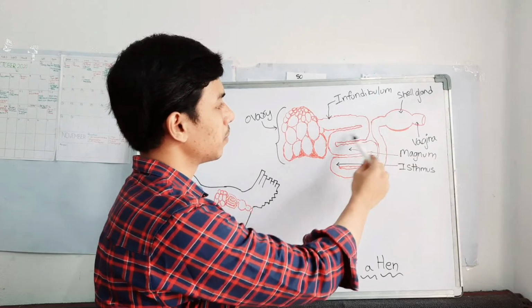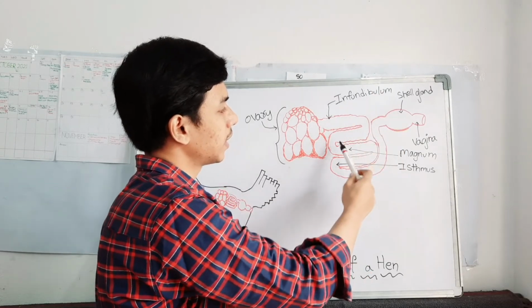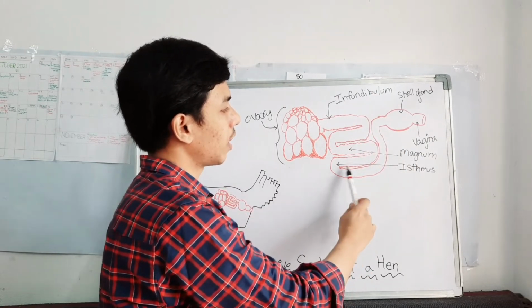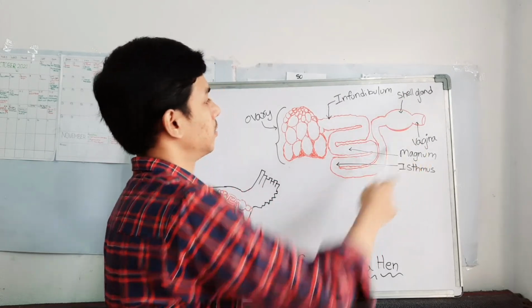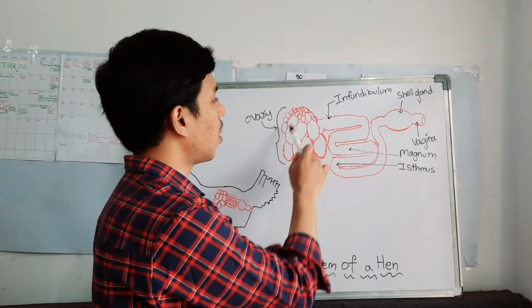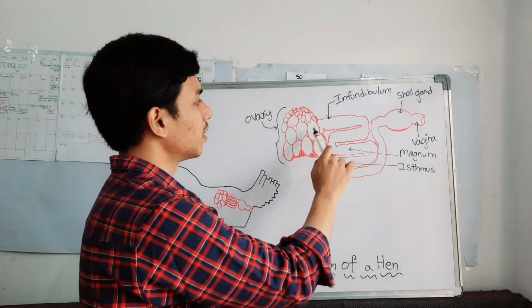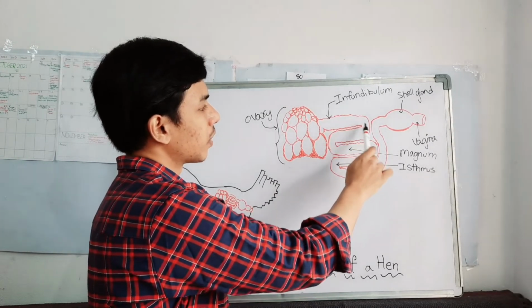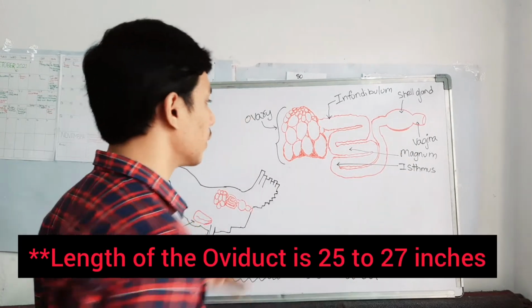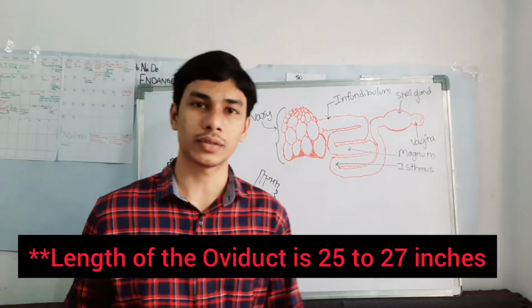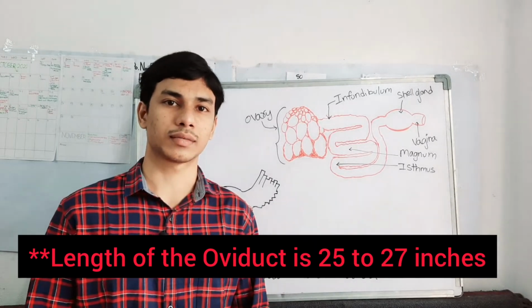This is the infundibulum, the first part, the second part is the magnum, the third part is the isthmus, and then the shell gland and vagina. The yolk material forms here, and the rest of the egg forms when the yolk is passing through this oviduct. The length of the oviduct is generally 24 to 25 inches.